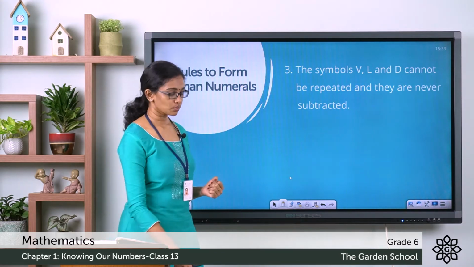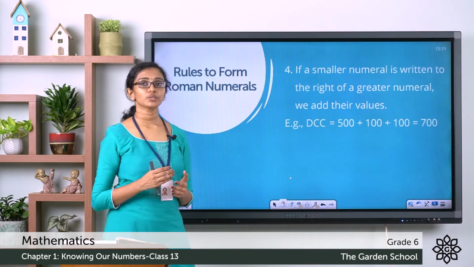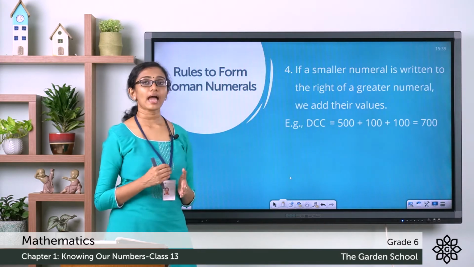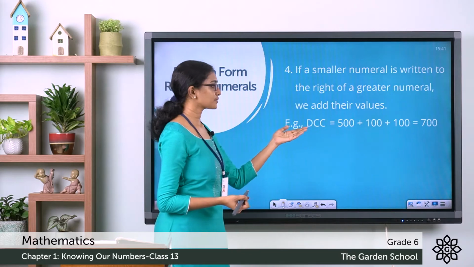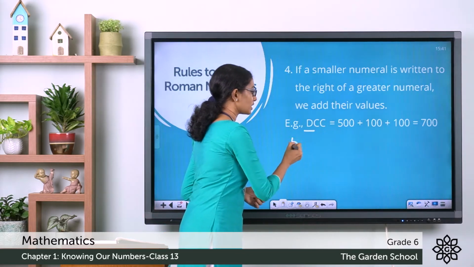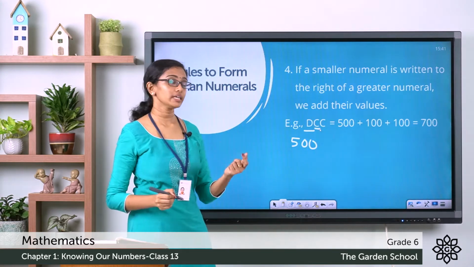Now, the next rule states that if a smaller numeral is written to the right of a greater numeral, we have to add their values. For example, here you can see the Roman numeral DCC. D has a value of 500, whereas C has a value of only 100.